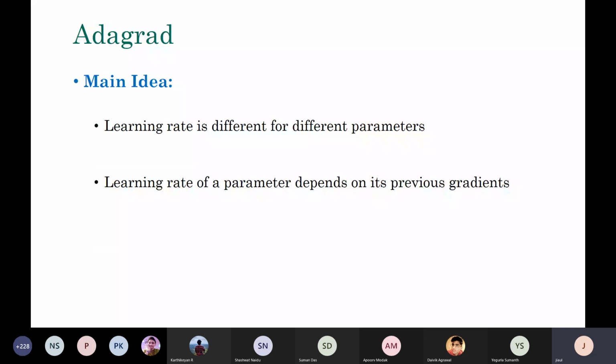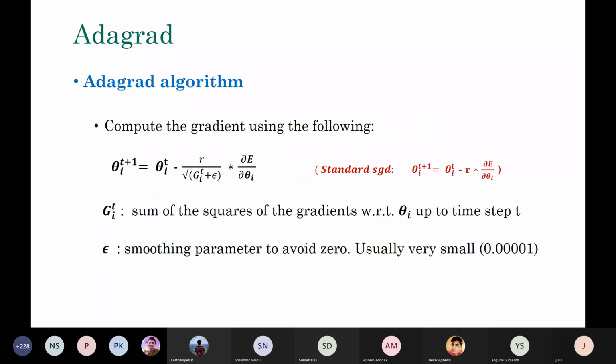Let's try to understand how this actually happens. The idea that we use is this. In ADAGRAD, the only thing that we are changing, you can see in this expression on the right side, is the denominator sitting below R. That's the only additional expression that we're introducing. So what is that expression? G_t,i depends on the corresponding parameter.